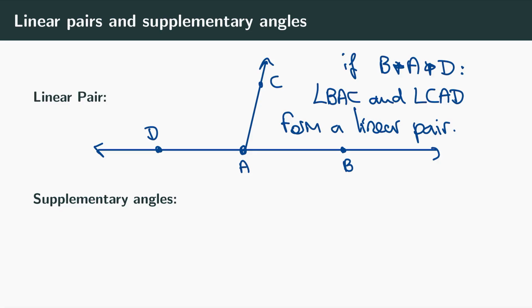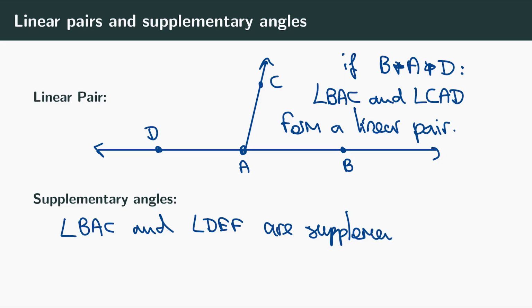Right, so that's what a linear pair is. And then we're going to say that supplementary angles, let's say BAC, and I want three letters I haven't used yet, so let's say DEF, are supplementary if they are congruent to a linear pair.